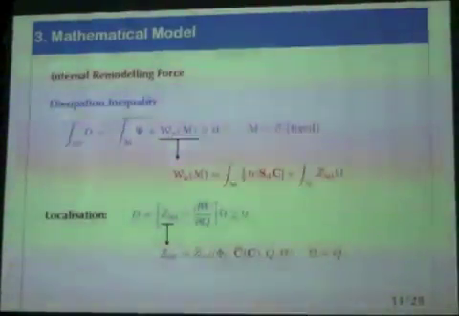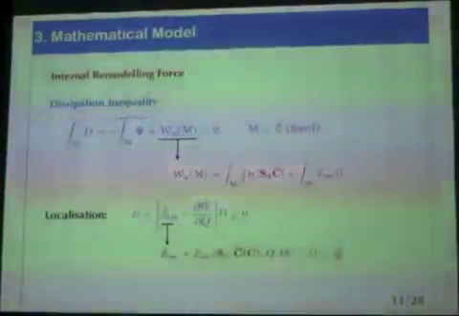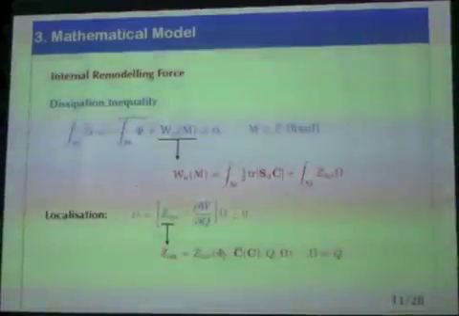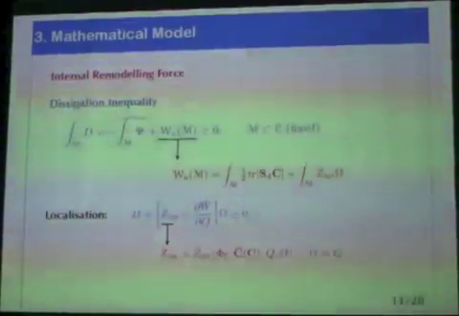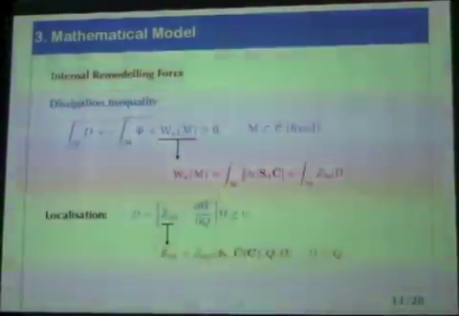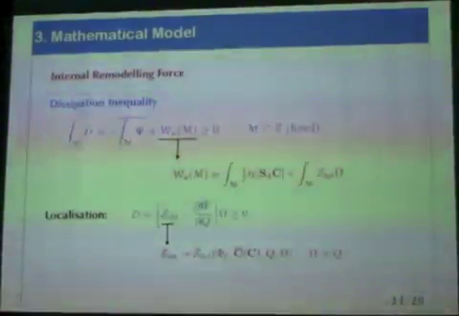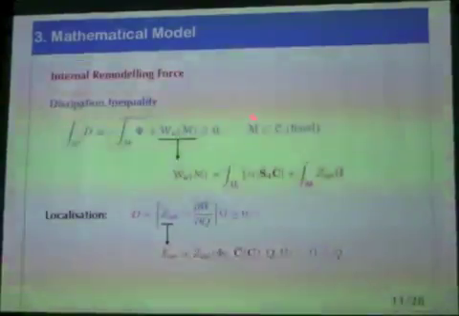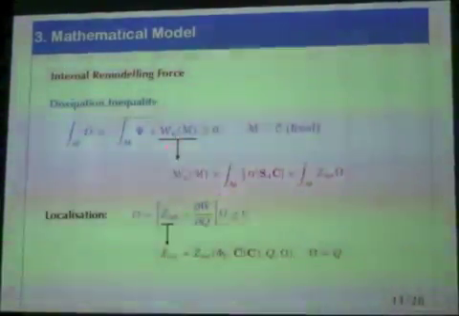Now, in order to get an evolution law for the remodeling variable, we have to find, first of all, some admissible constitutive law for the internal remodeling forces, Z intern. And we ask permission to the dissipation inequality.